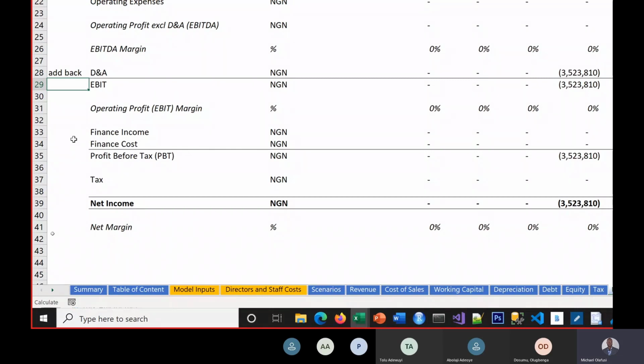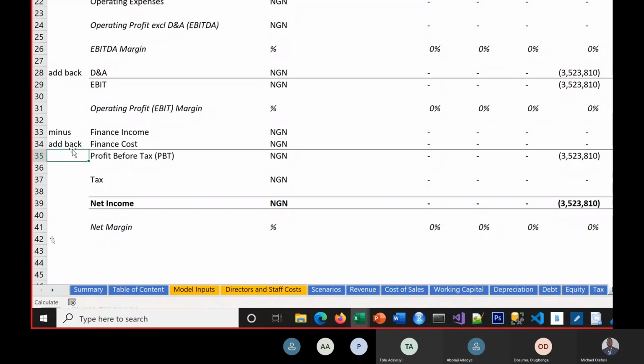Then finance income and finance cost: because they are related to debt, it's a lot more natural to have them in the cash flow from financing. So because finance income is added to our profit, I'm going to minus it, and finance cost is deducted from our profit, so I'm going to add it back.